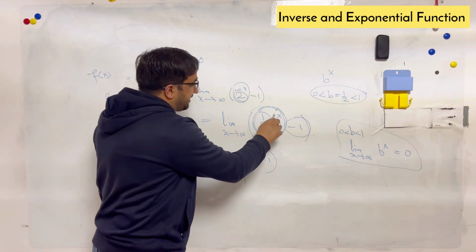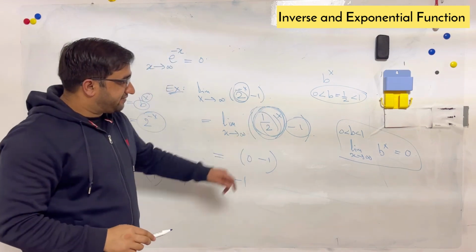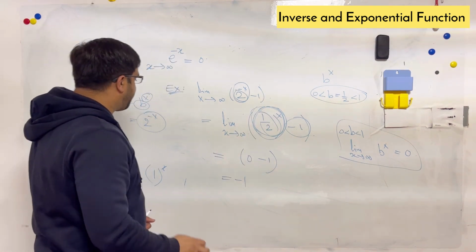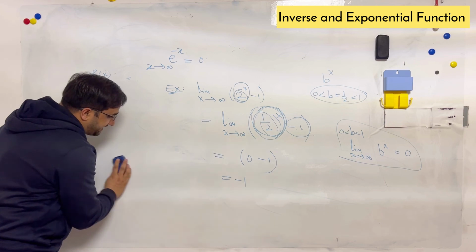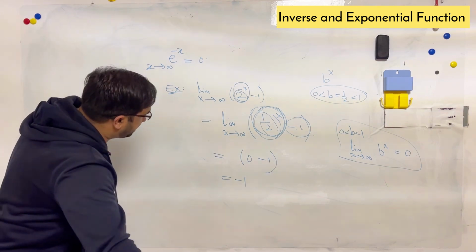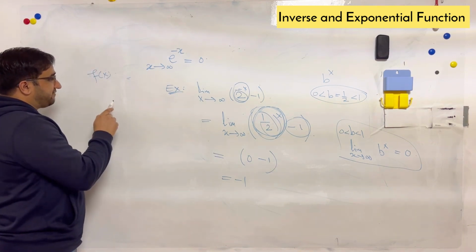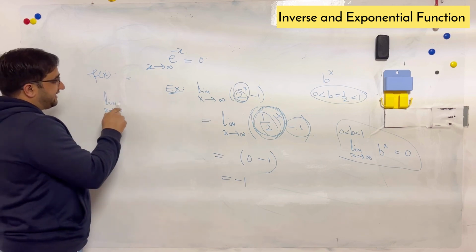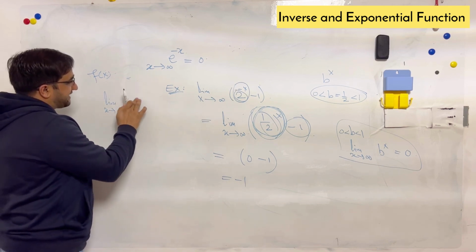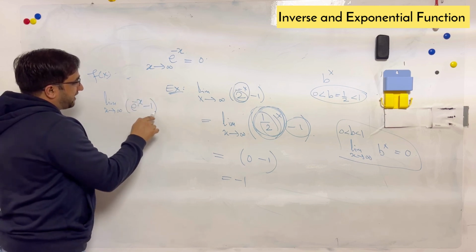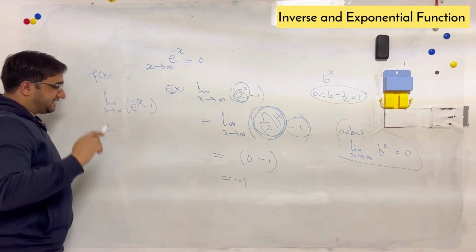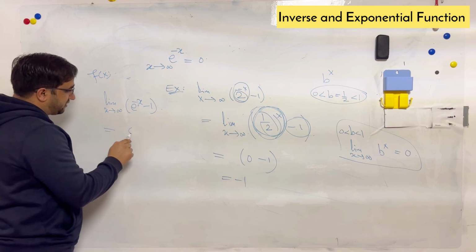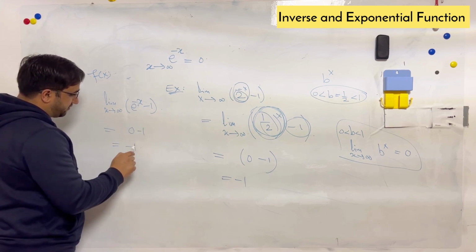So now you see, instead of this, if you have the function which you have already solved in chapter 1 or 2, I don't remember, and you have this kind of question there, limit x approaching positive infinity of e raised to the power minus x, minus 1, you directly plugged in the limit and told me this is equal to 0 minus 1, which is equal to minus 1.